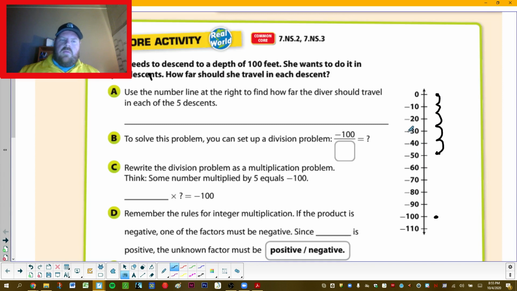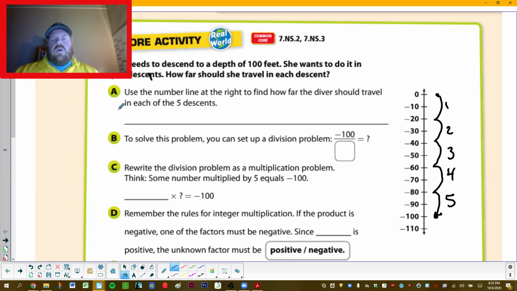But if I go down 20 every time, 20, 40, 60, 80, 100, that's 1, 2, 3, 4, 5 equal descents. So she descends 20 feet each time.